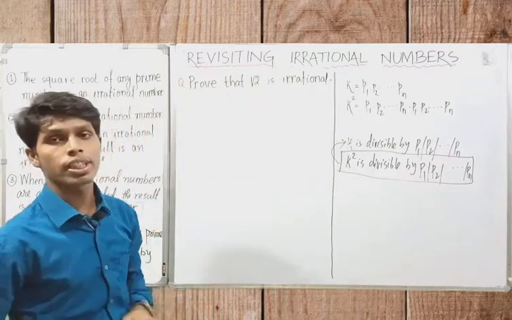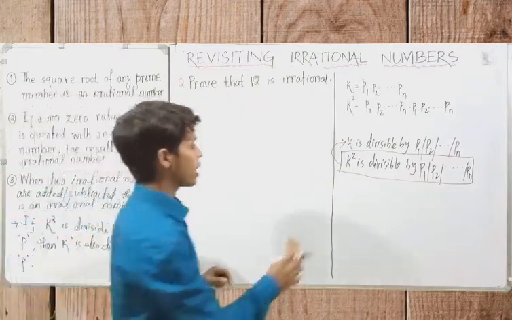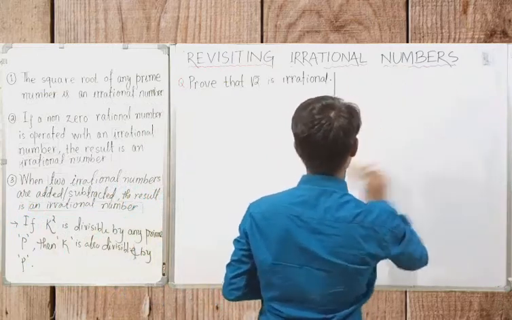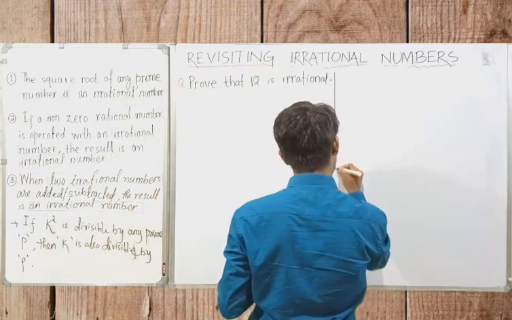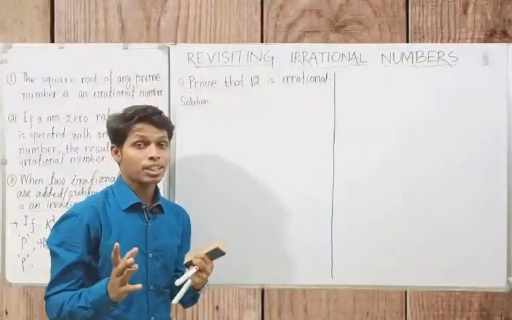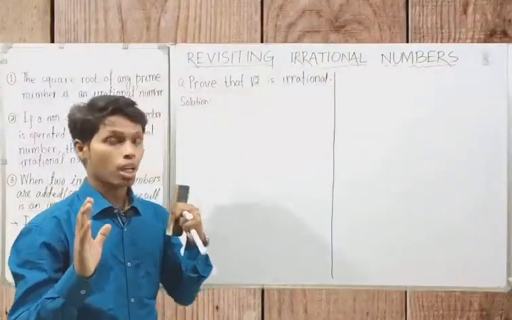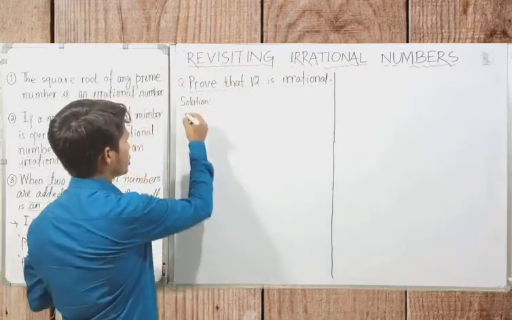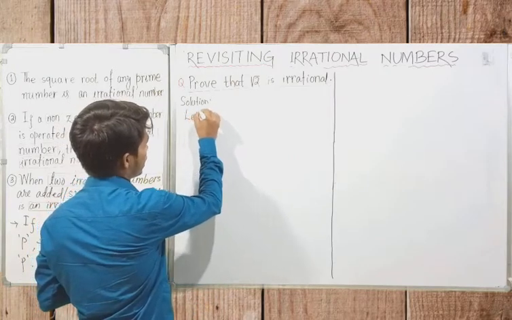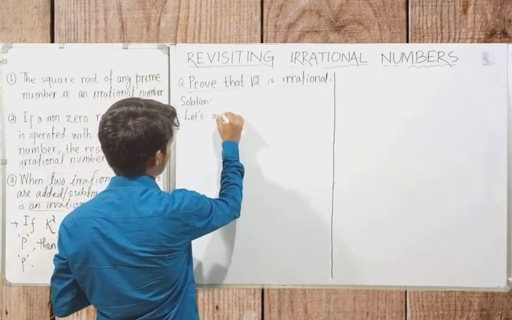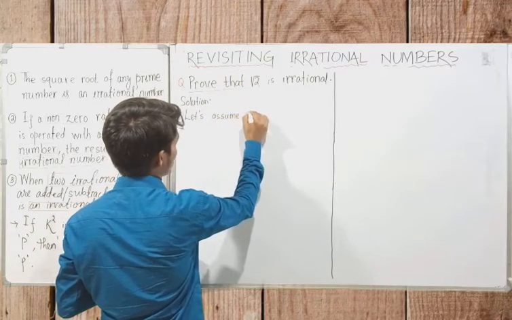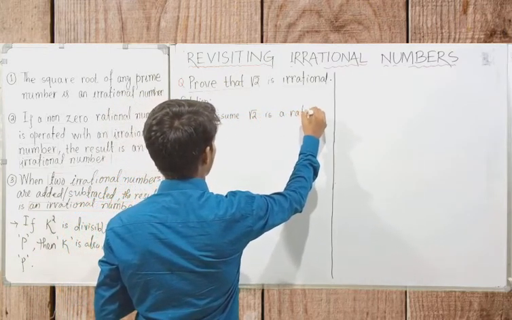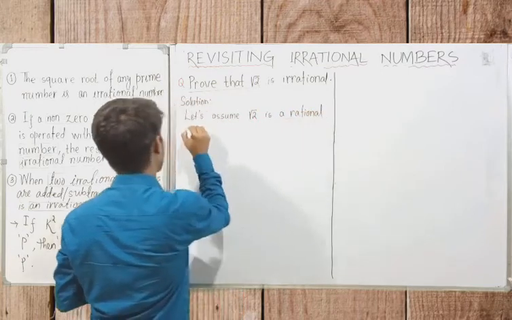So let's proceed with proving the irrationality of root 2. So the first step is what? Yes, assume the opposite of the statement as truth. So we'll write, let's assume root 2 is a rational number.